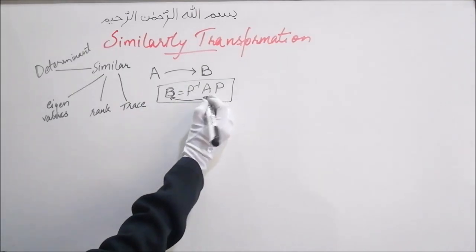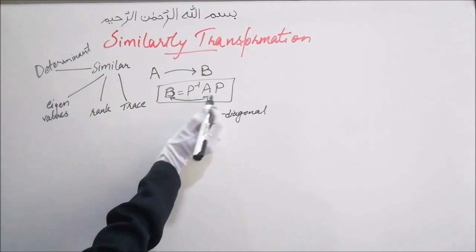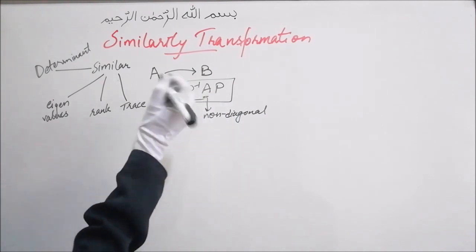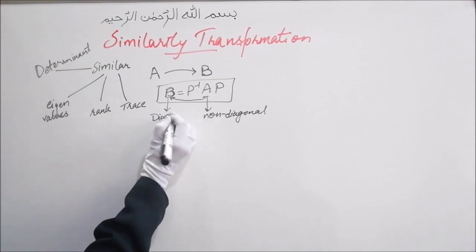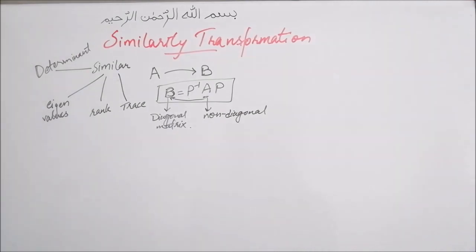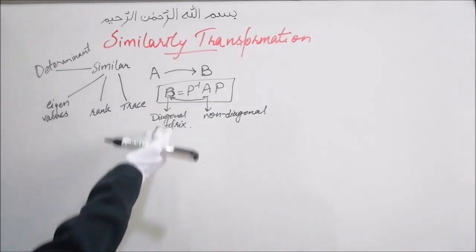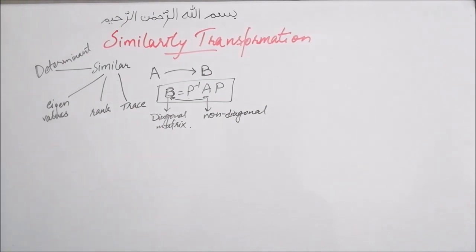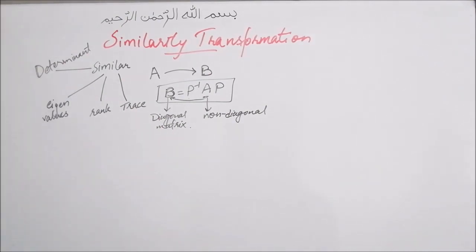That means if A is a non-diagonal matrix, then we can do a similarity transformation on A and get a diagonal matrix. In this way we can reduce the complexity of our problem, transform our complex matrix into a simple matrix, and since they both have the same eigenvalues, rank, trace and determinant, the problem becomes easier.